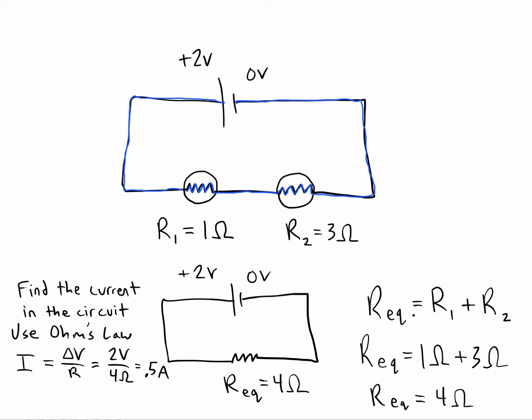It's 0.5 amps. Now the current that we had in our simplified circuit will be the same as the current in our original circuit. It's going to be 0.5 amps in the thick wire. It's going to be 0.5 amps in the bulb, 0.5 amps in the middle part, 0.5 amps everywhere.